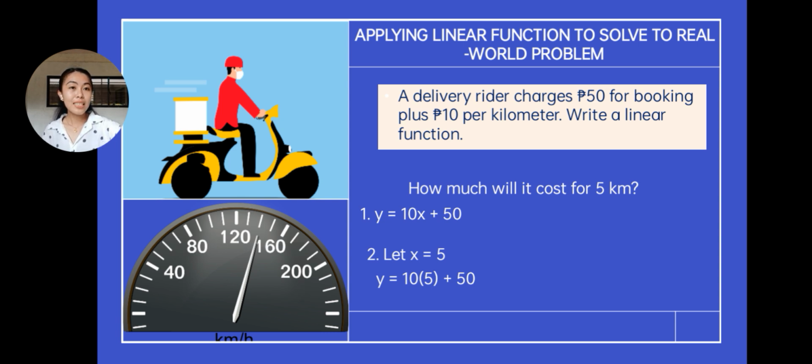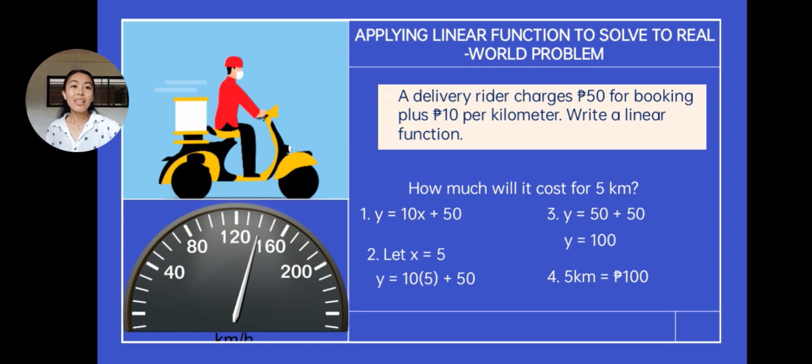Proceeding to our computation, what is 10 times 5? That is 50. And then we're going to add 50 plus 50, so we now have our final value as 100. So it means for every 5 kilometers covered, there will be a charge fee of 100 pesos. Have you been able to follow, class?